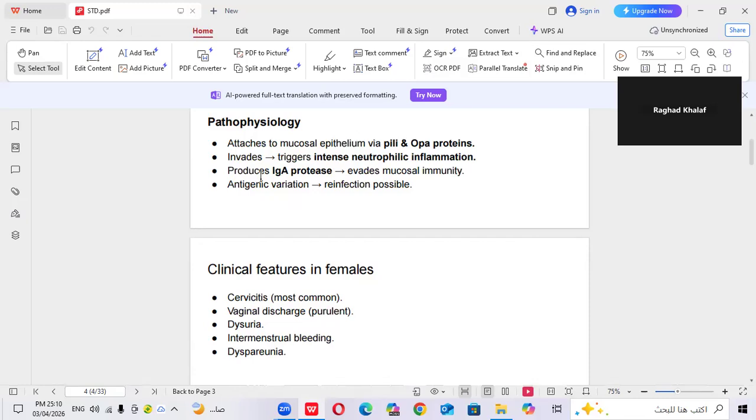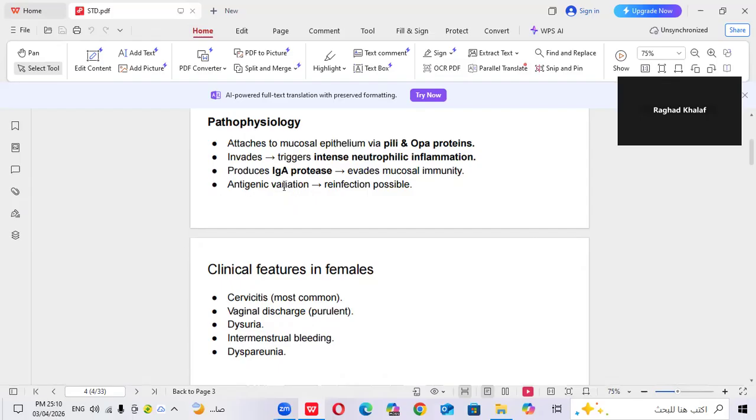One of the mechanisms that this microorganism uses is producing IgA protease, which degrades the IgA, allowing the microorganism to evade the mucosal immunity. Another mechanism that causes reinfection is antigenic variation.